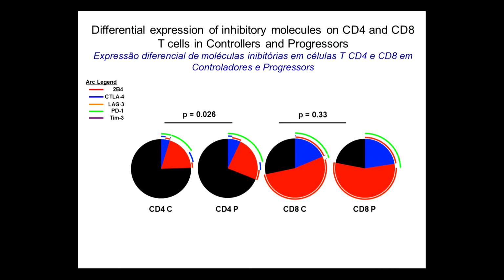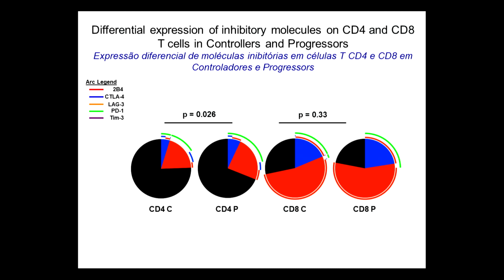Overall, black means no expression of inhibitory receptor. So we see that much more inhibitory receptors are expressed on CD8 T cells compared to CD4 T cells. We also see that in progressors there is overall an increase in the inhibitory receptors compared to controllers, while the bulk expression of the inhibitory receptors is not significantly different between controllers and progressors.